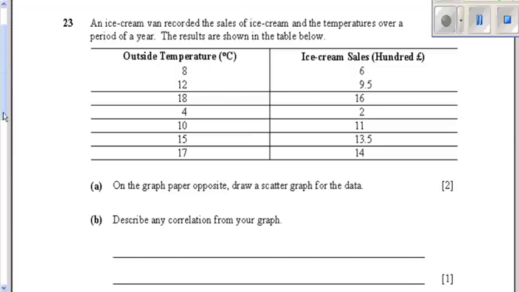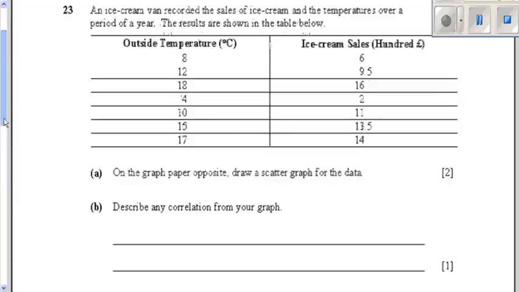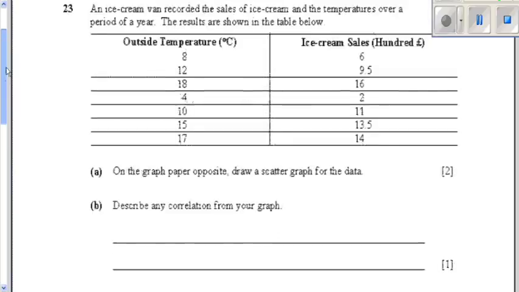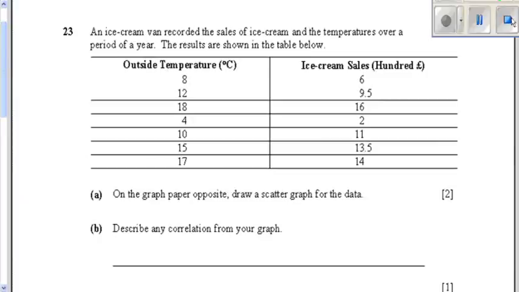Part B asks you to identify any correlation. Part C, then you have to draw a line of best fit on your graph, and then finally explain what the line of best fit could be used for in this scatter graph. So if you want to have a go at that first, and then we'll go through the solution.